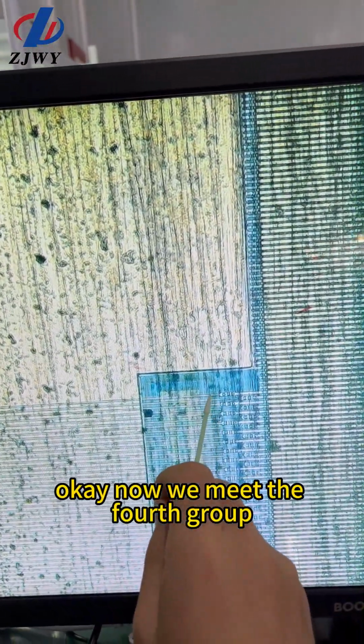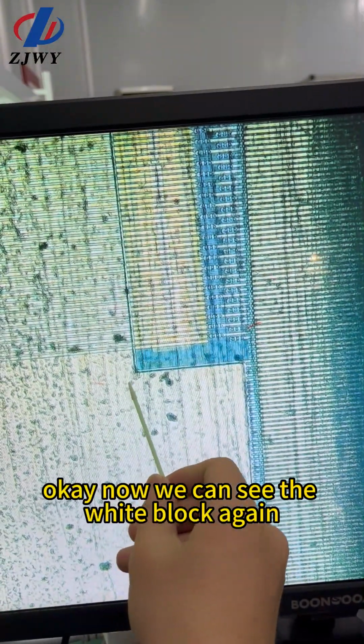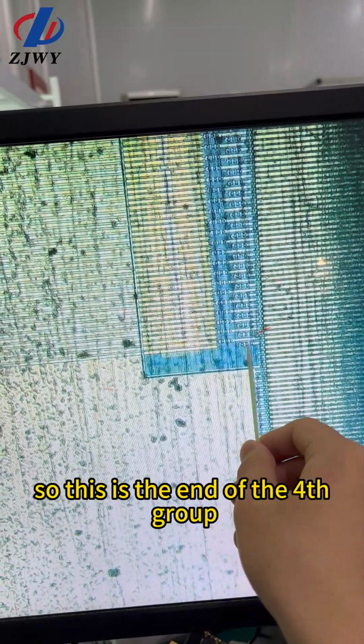Okay, now we meet the fourth group, the start of the fourth group. Okay, now we can see the white block again, the ground wire again. So this is the end of the fourth group.